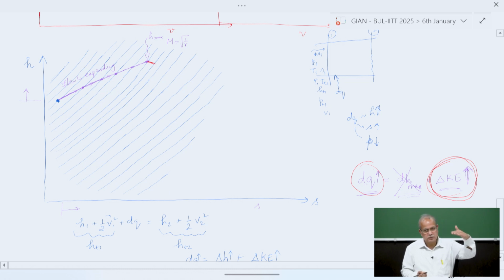The flow continues to accelerate because it's going in the direction of decreasing pressure, and it reaches M equal to 1. Critical condition.